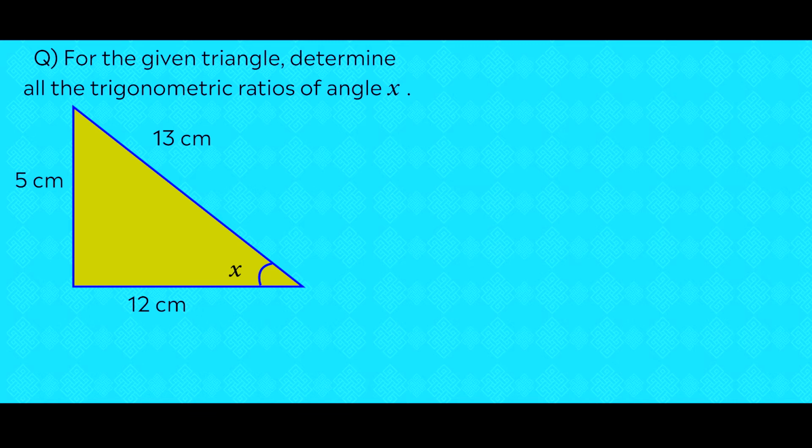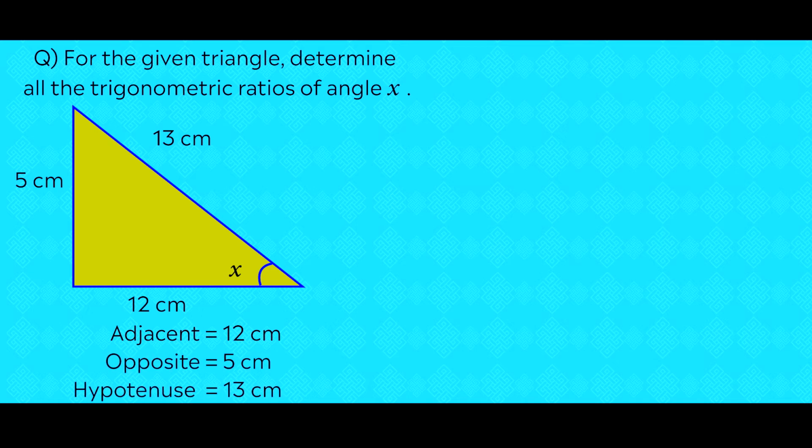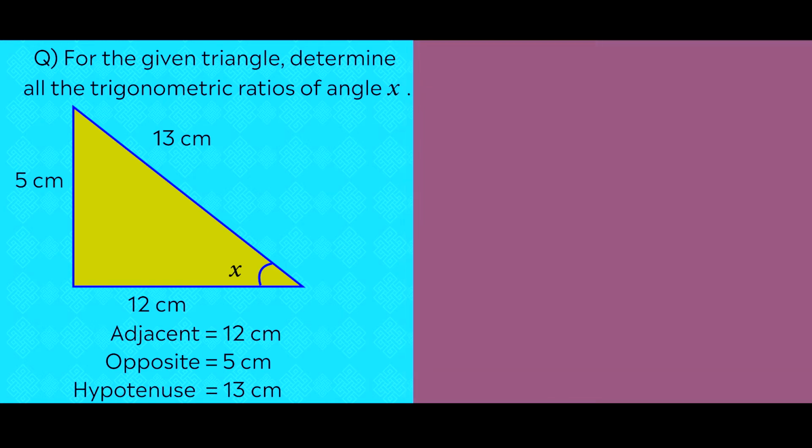As we can all see, in this given right triangle, with reference to angle x, the adjacent side length is 12 centimeters, the opposite side length is 5 centimeters, and the hypotenuse is 13 centimeters. So let us now calculate the first trigonometric ratio, that is sine of x, given by the formula opposite divided by hypotenuse.